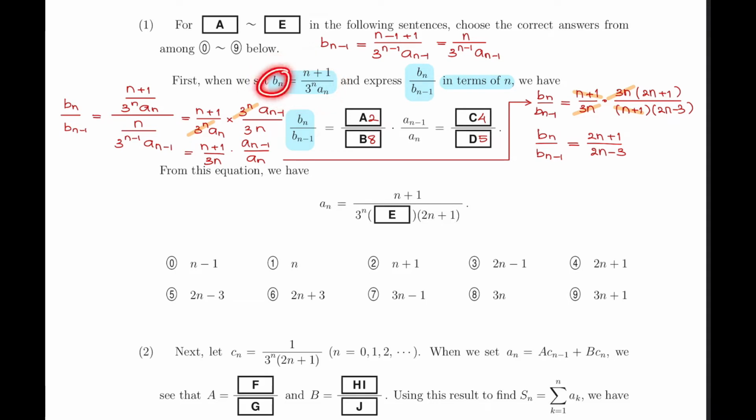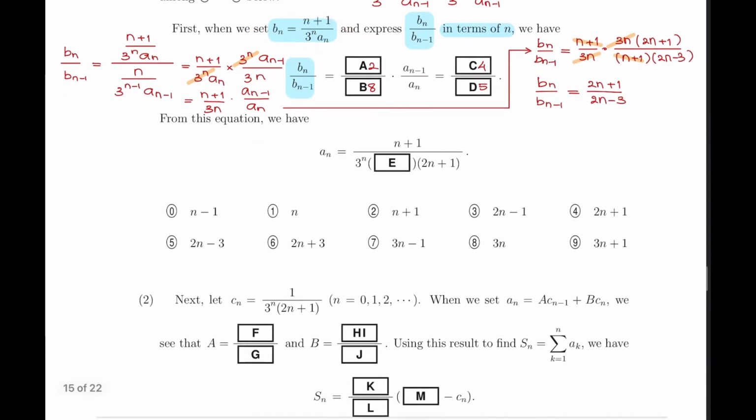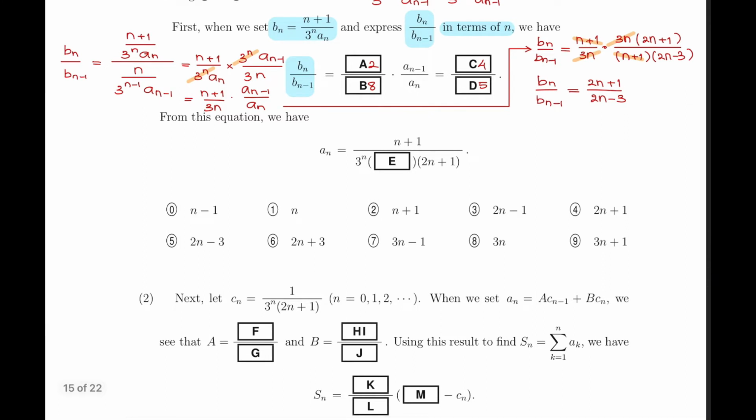So you move the bn down there and you move an up there. So from these equations, I get an is equals to n plus 1 over 3 to the power of n bn.